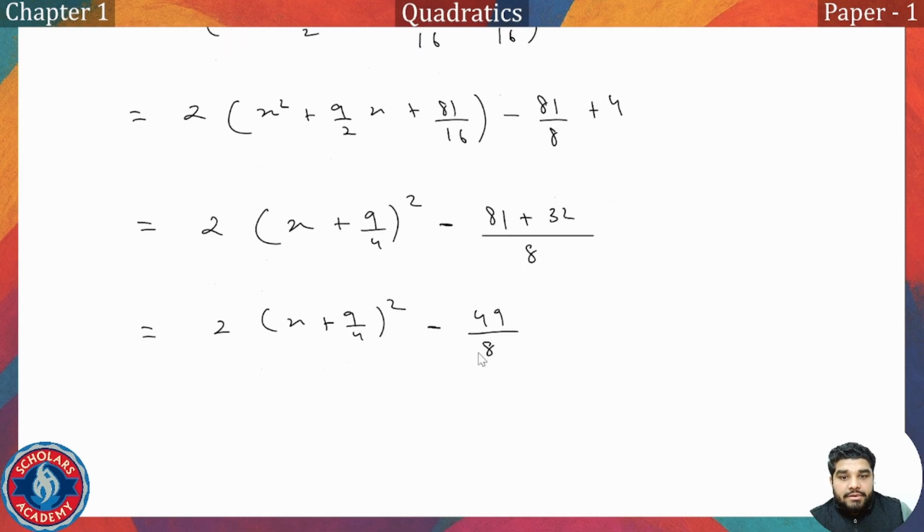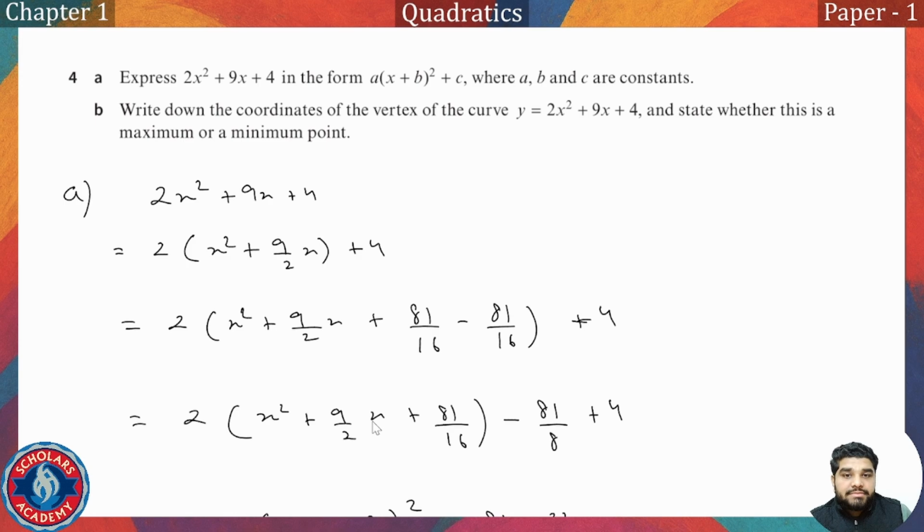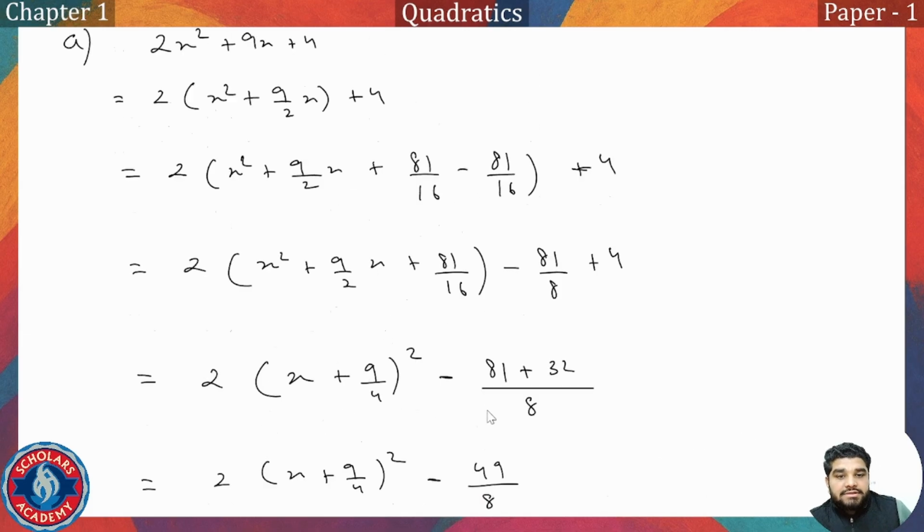So we wrote it in the form of a(x plus b) whole square plus c. So a is equal to 2, b is equal to 9 by 4, and c is equal to negative 49 by 8. These are the values of a, b, and c.